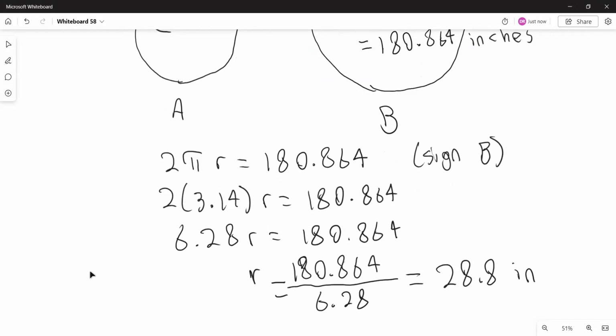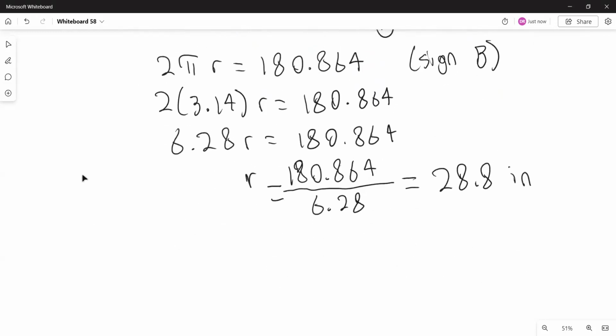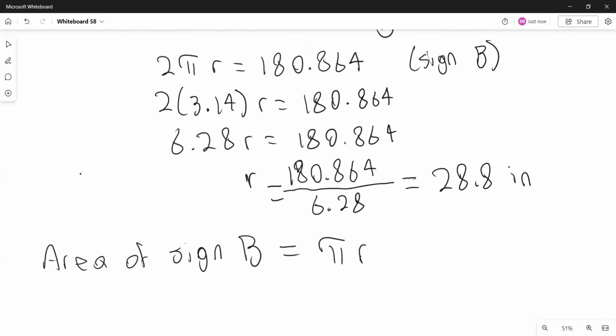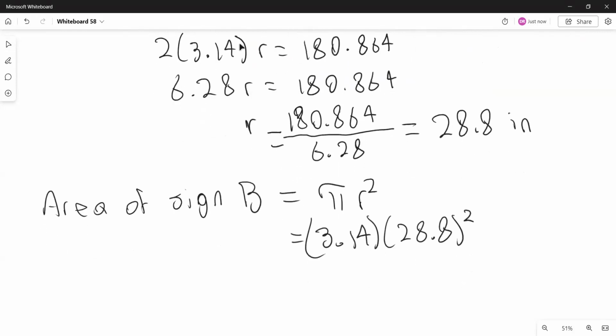And the area of sign B is pi times the square of the radius. So that's pi r squared, where pi is approximately 3.14, and the radius is 28.8. Let's calculate that.